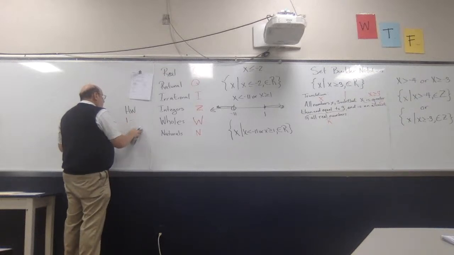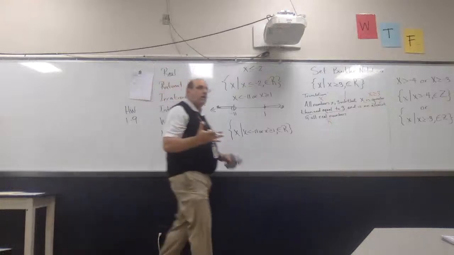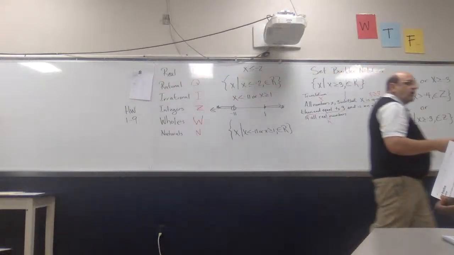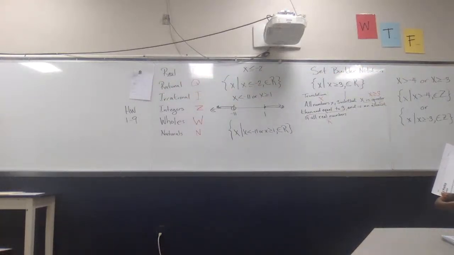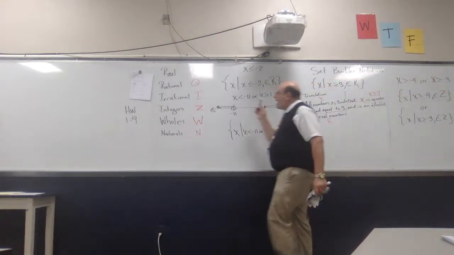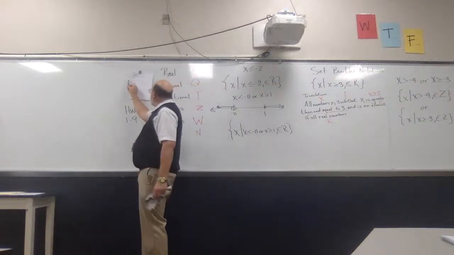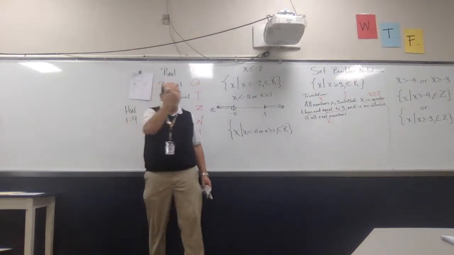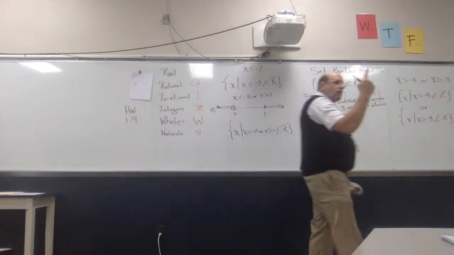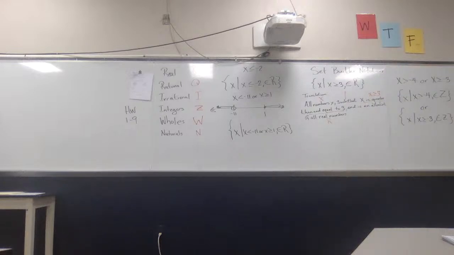How am I supposed to know the difference? Well, we already went through this. If it's a function, we can use the vertical line test, right? If you go back in your notes, the vertical line test says I can draw a vertical line anywhere on this function, and it only touches the function once. It only intersects once, right?